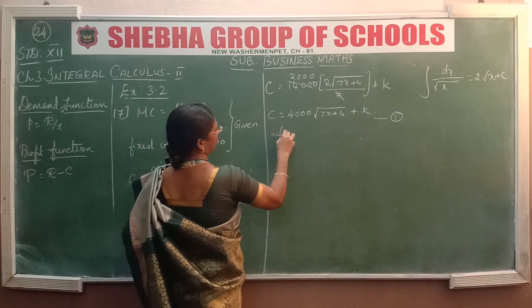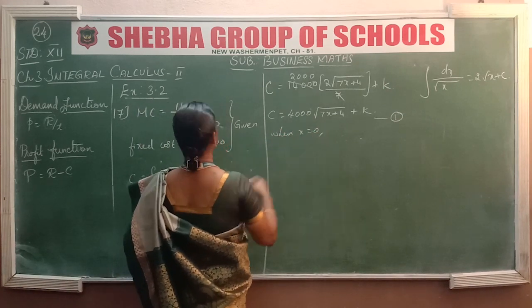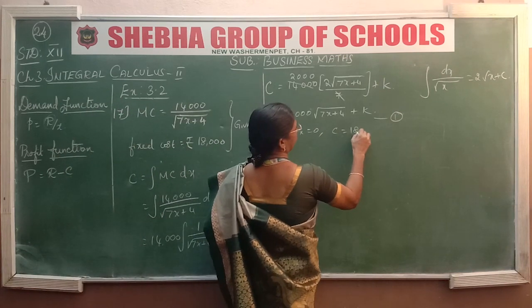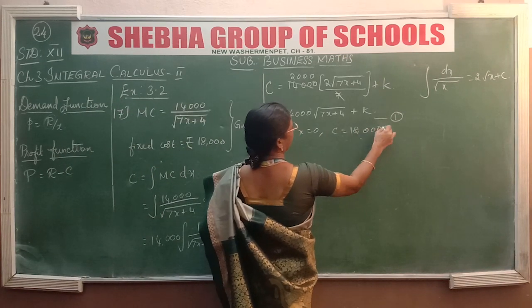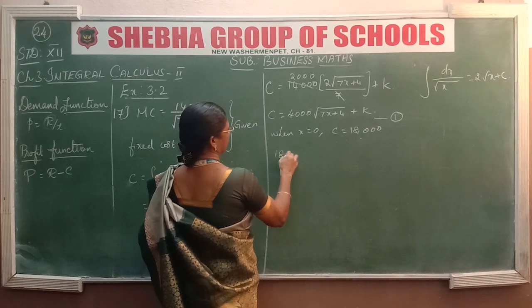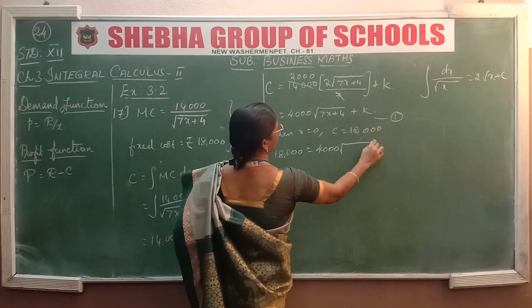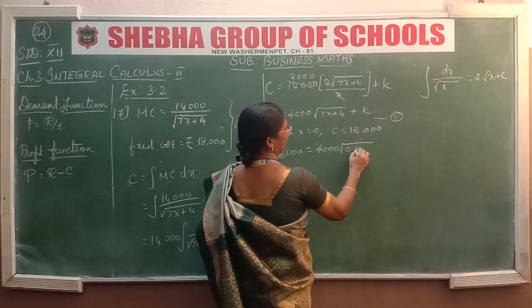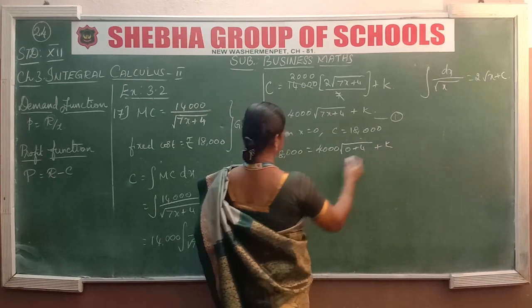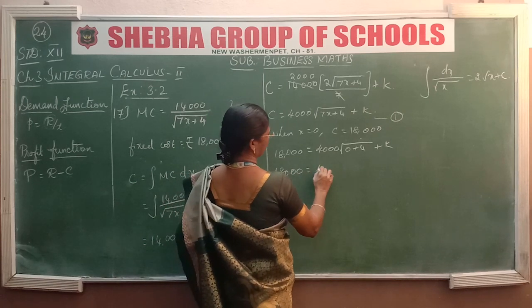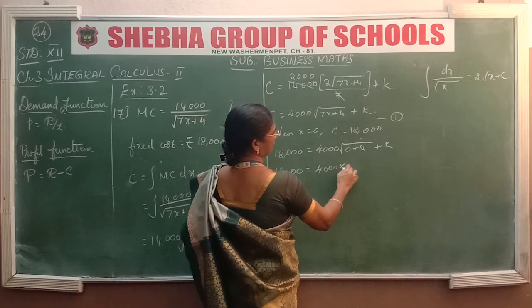When x is equal to 0, fixed cost is given, that is 18,000. Substituting here we get 18,000 equal to 4,000 into square root of 7 into 0 plus 4, plus k. So 18,000 equal to 4,000 into root of 4, which is 2.